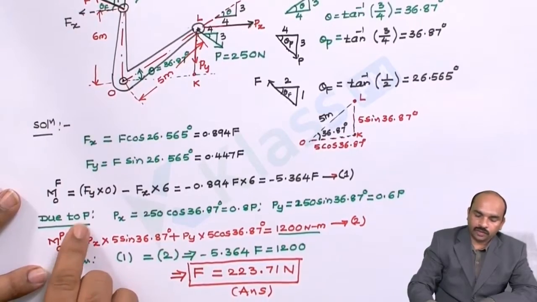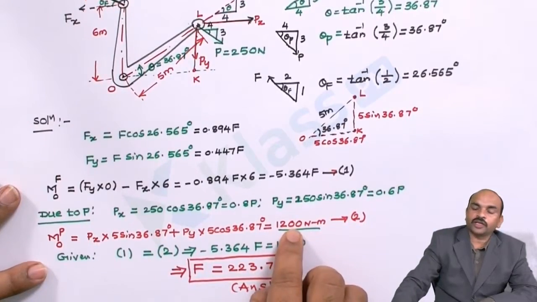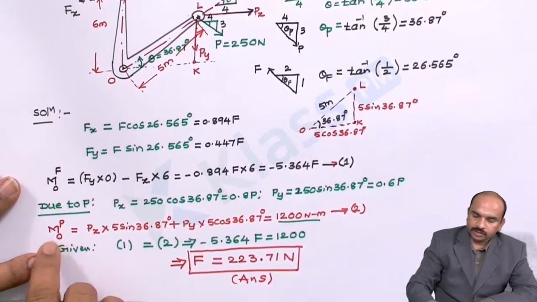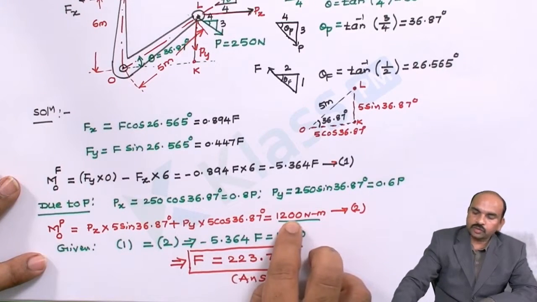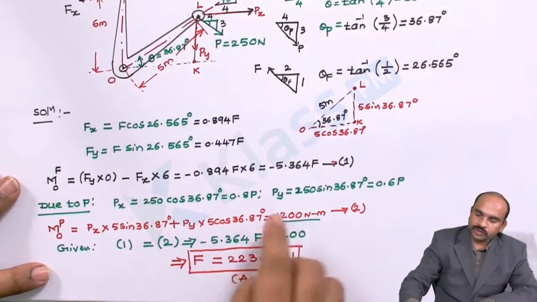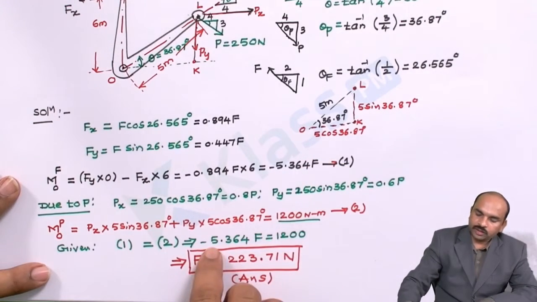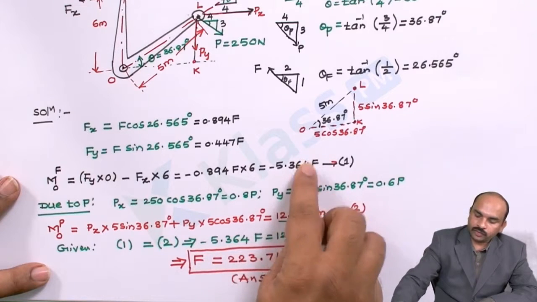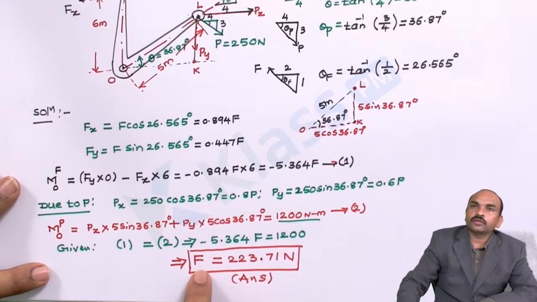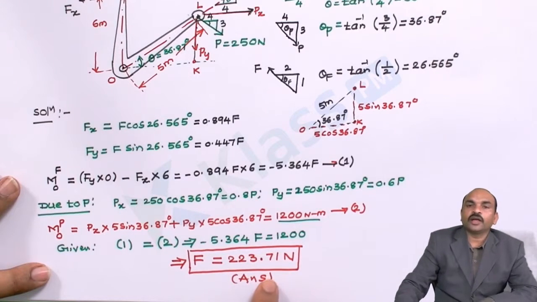Write the moment equation for force P, and we are getting the moment as 1200 newton meters. Now equating 1 and 2, that is, equation 1 is minus 5.364 F and equation 2 is 1200. So from this we are getting the force value as 223.7 newtons, and this is the answer.